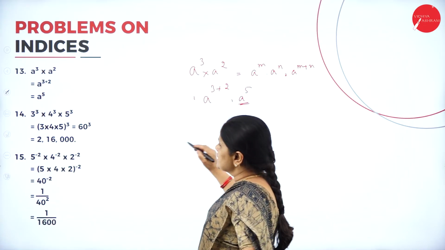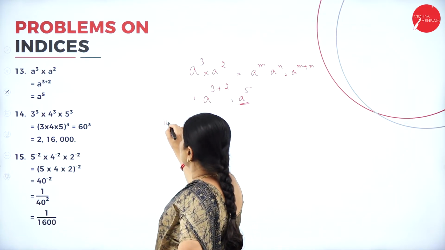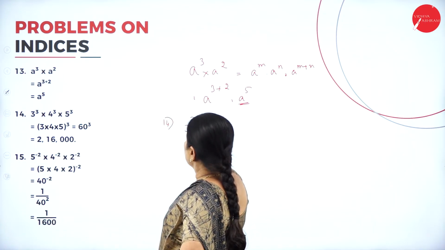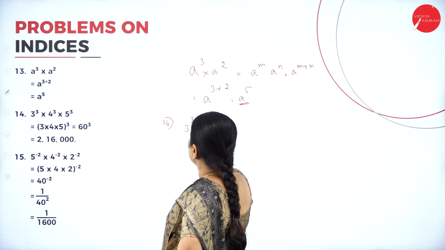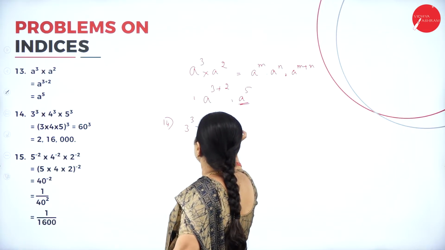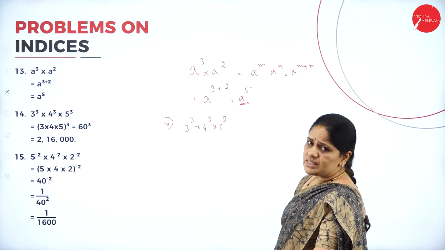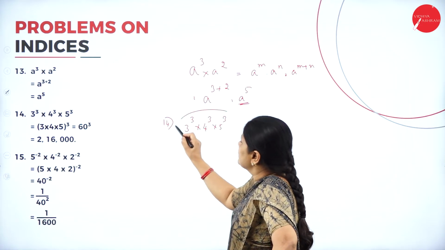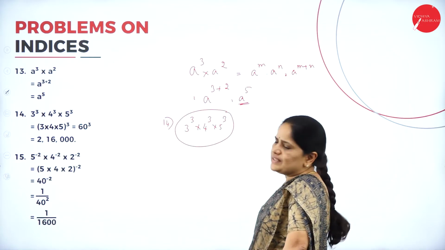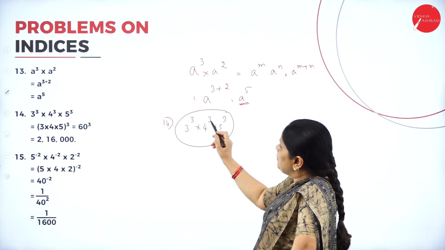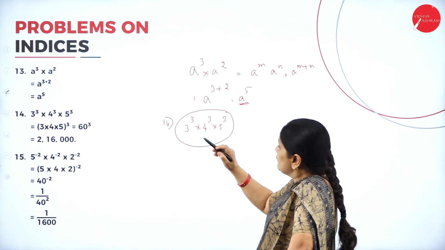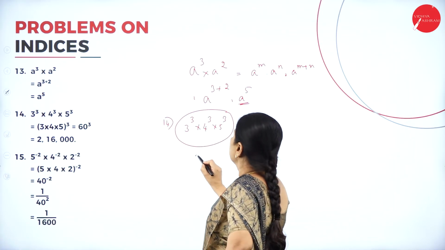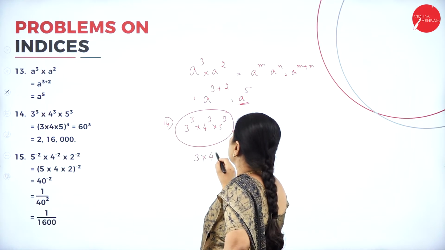Now, the next question, that is the 14th question, 3 cube into 4 cube into 5 cube. Now, what is the one significant aspect of this expression? All the powers are the same. So, when the powers are the same, we can safely multiply this.